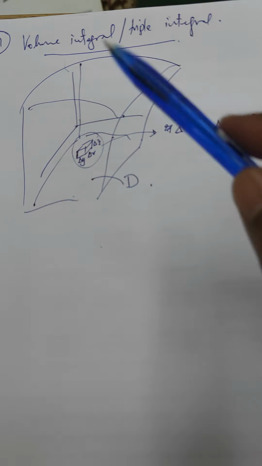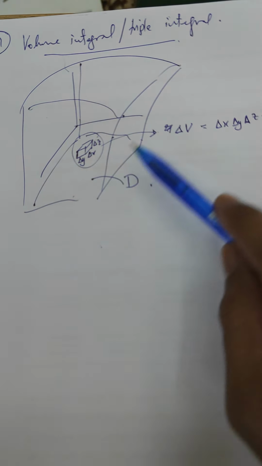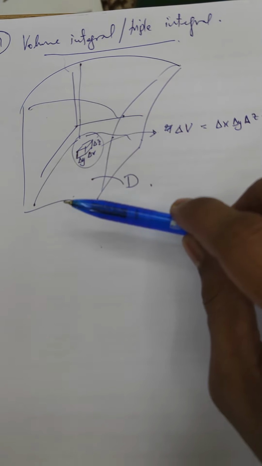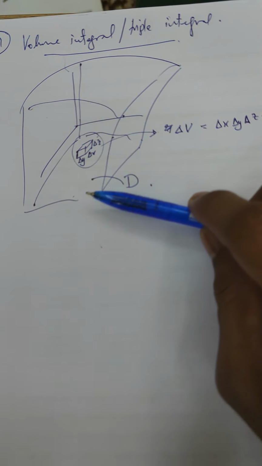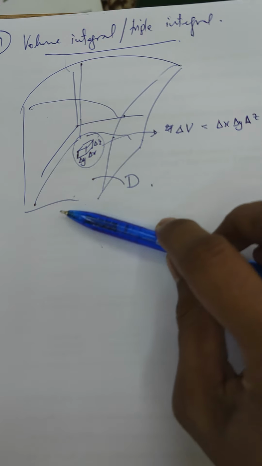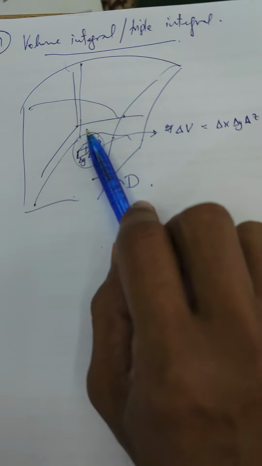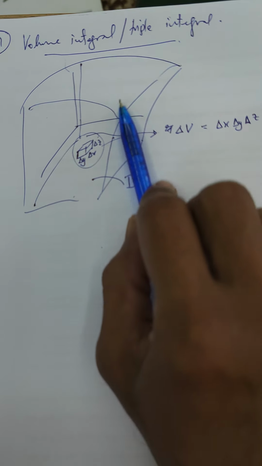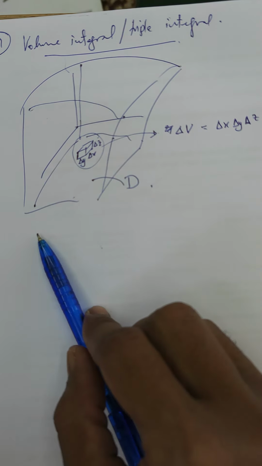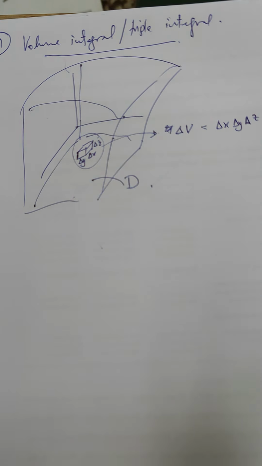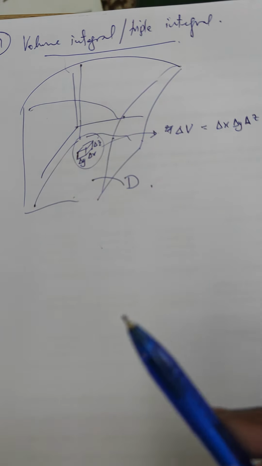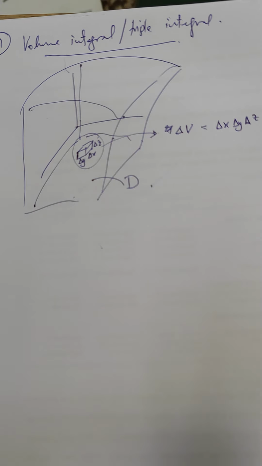We just add up all the small pieces, and it gives us the approximate volume of that region. Then we take the limit: we cut x into n sub-intervals, y into m sub-intervals, and z into k sub-intervals. As m, n, and k go to infinity, the summation becomes an integral.